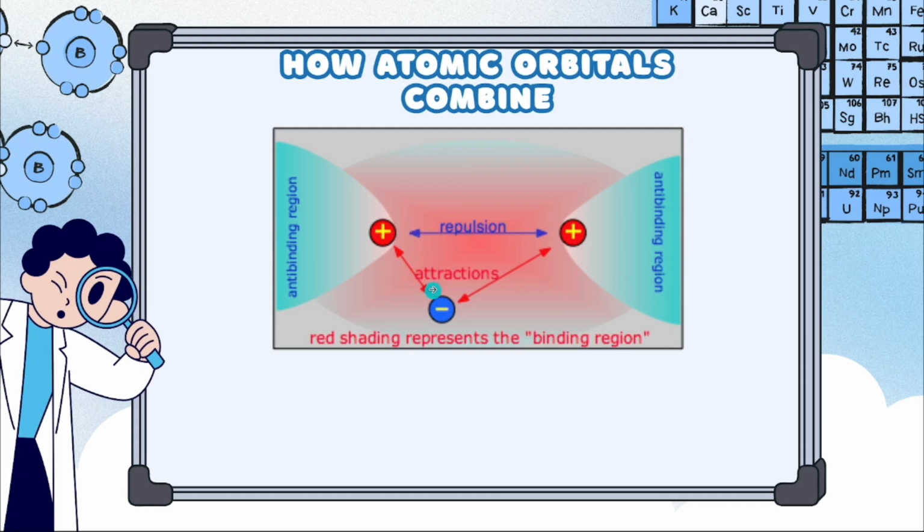The arrow labeled attraction shows the electrons pulling both nuclei inward. The repulsion arrow shows the nuclei pushing away from each other. In short, in the red region, or the bonding region, the nuclei are held together by shared electron density. And in the blue region, the antibonding regions, there is no bonding force and more repulsion is happening.